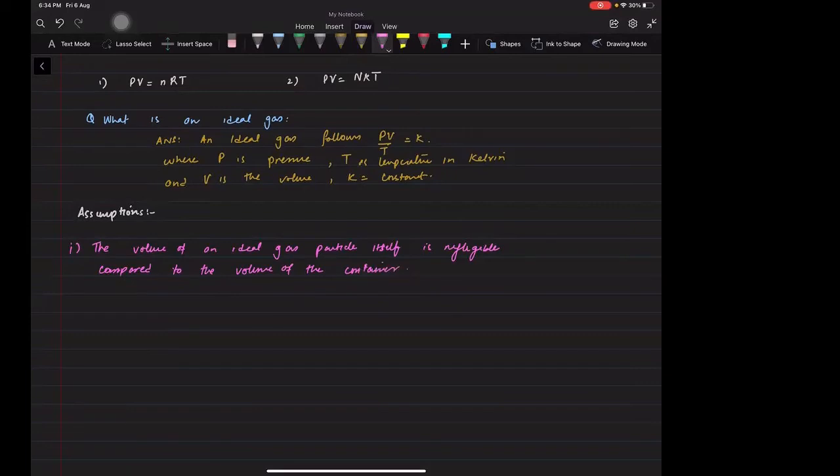So the particle, a single particle will be very, very small with respect to the container's volume.